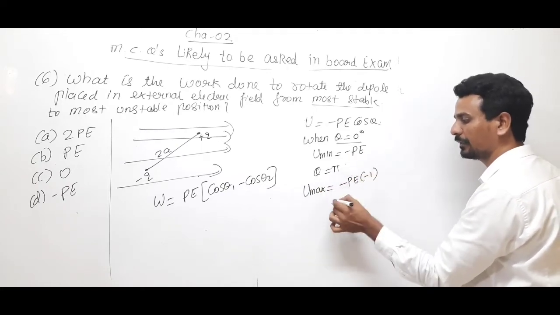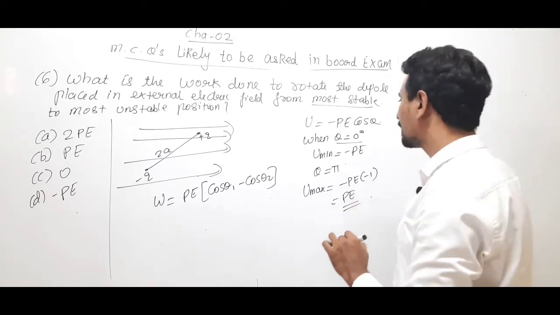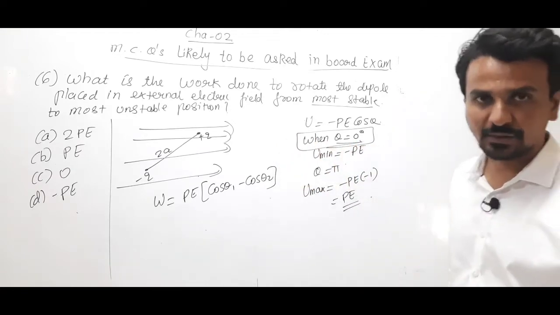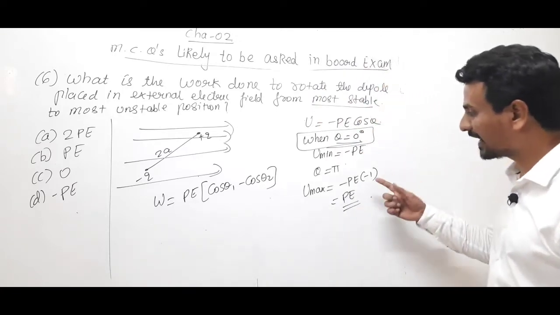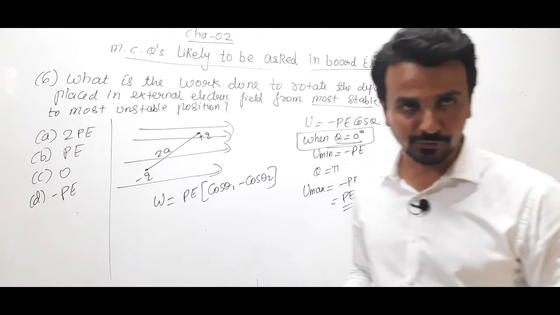Cos 180 is minus 1, so that is plus PE, right? So most stable position is when theta is 0, because when theta is 0, energy is minimum. That represents the most stable position. And when theta is 180 degrees, energy is maximum. That represents the most unstable position.